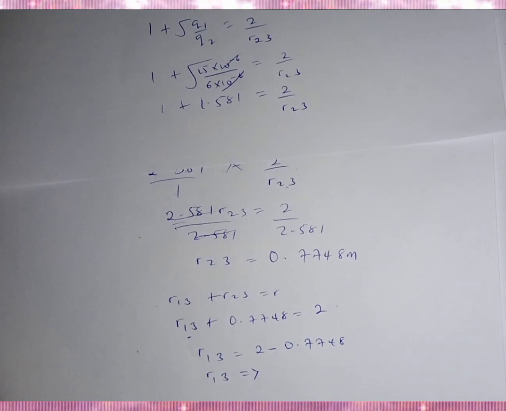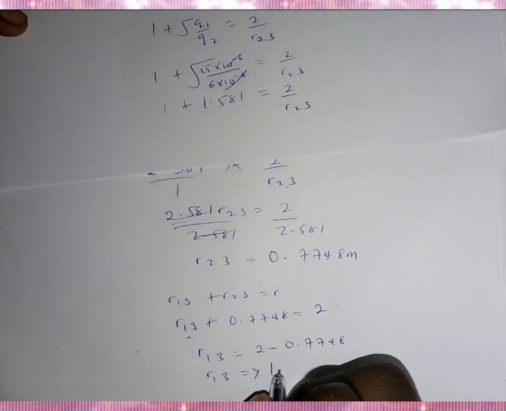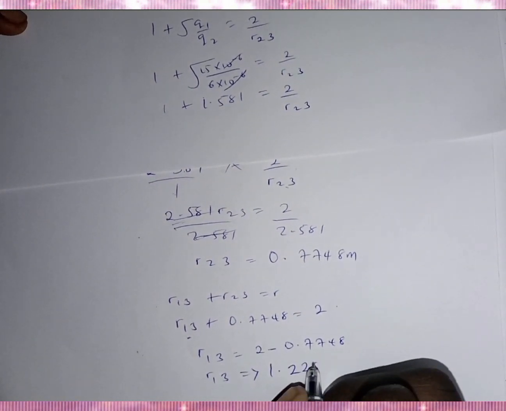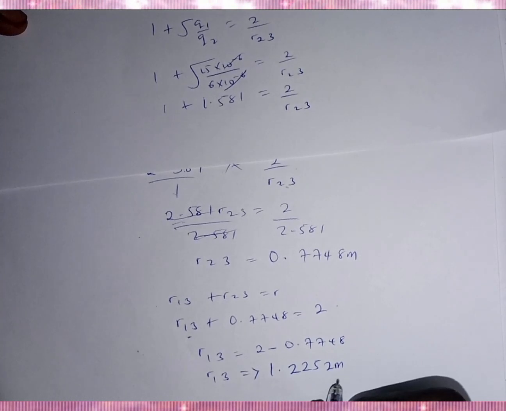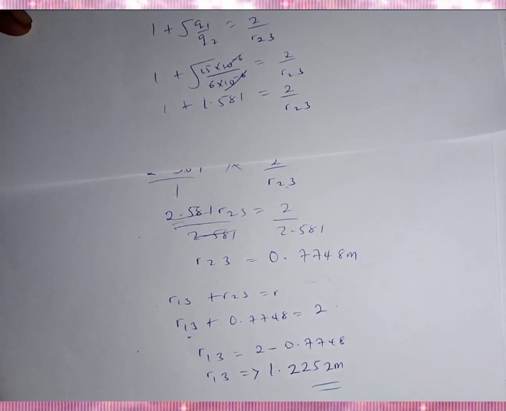So 2 minus 0.7748 will give us R13 equals 1.2252 meter. So now these are the two coordinate values of charge Q3 we are asked to look for.